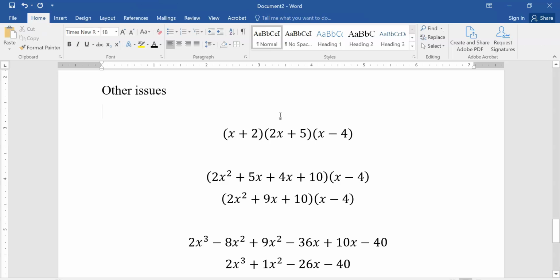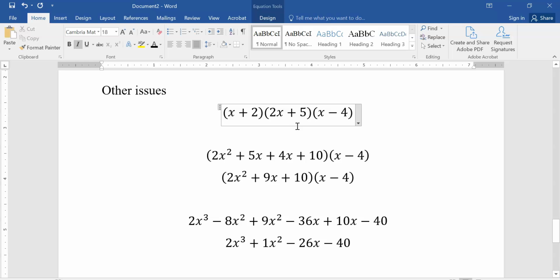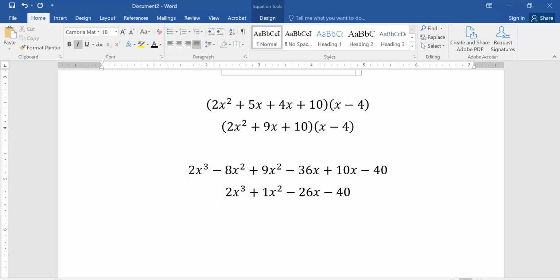The order of multiplication is not that important as long as you're multiplying everything. So there you go. That would obviously be your final answer. So that is lesson 3-4.